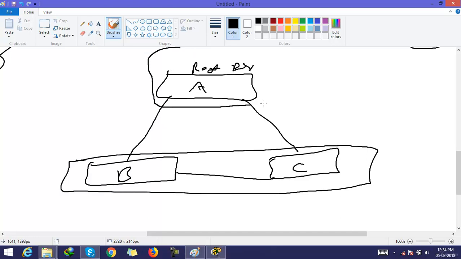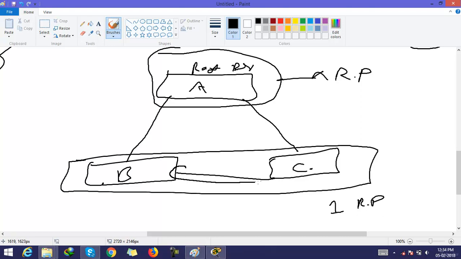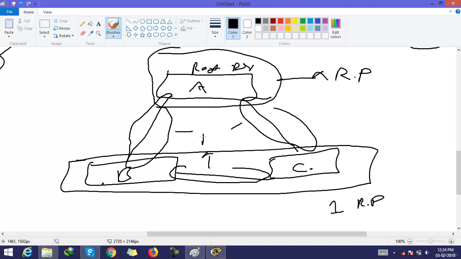This switch does not have any root port, while these two switches compulsorily have only one root port each. Every link, for this link, this link, and this link, has one DP compulsorily, that is, a designated port. Every link has one designated port in the scenario.